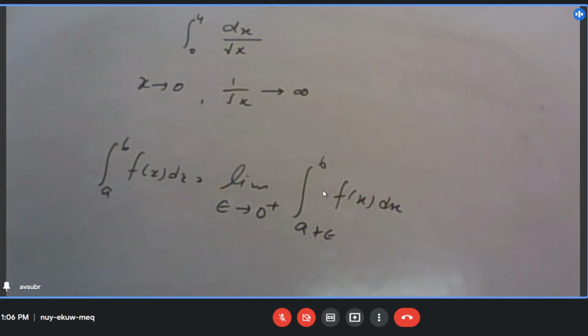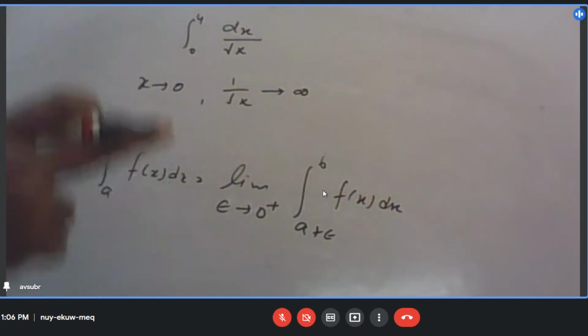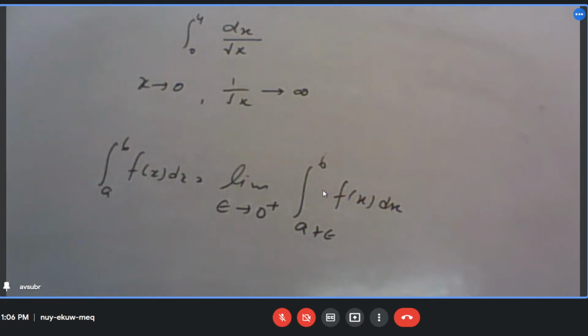So there is singularity at x equal to a. As x approaches a, the function shoots up. Is it or not?